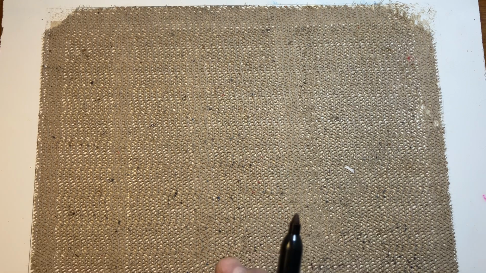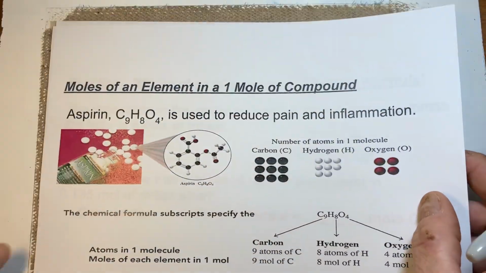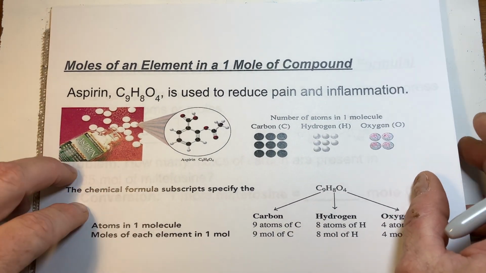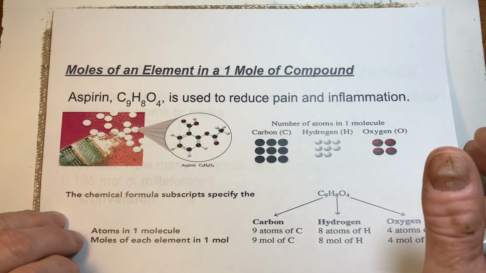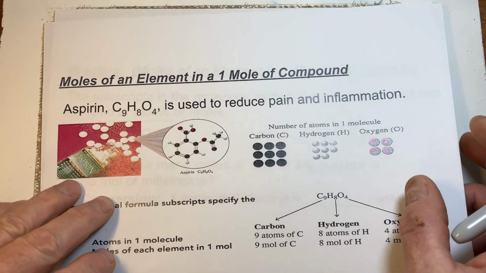Now, for sake of time, I'm going to skip the next 2 slides. There's a story on miltefosine, a drug that's used to treat that brain-eating amoeba that you can have if you swim in really warm water. We'll come back to this slide in class, just looking at aspirin and how we determine its molar mass.